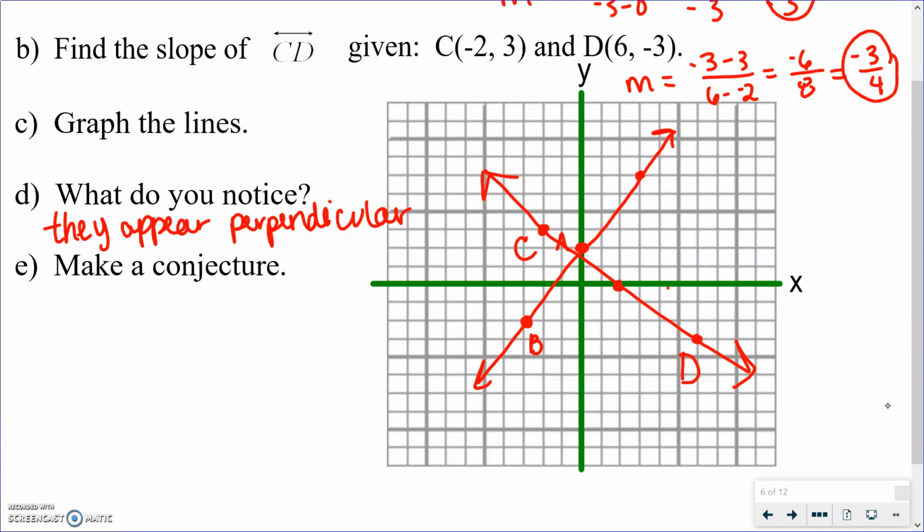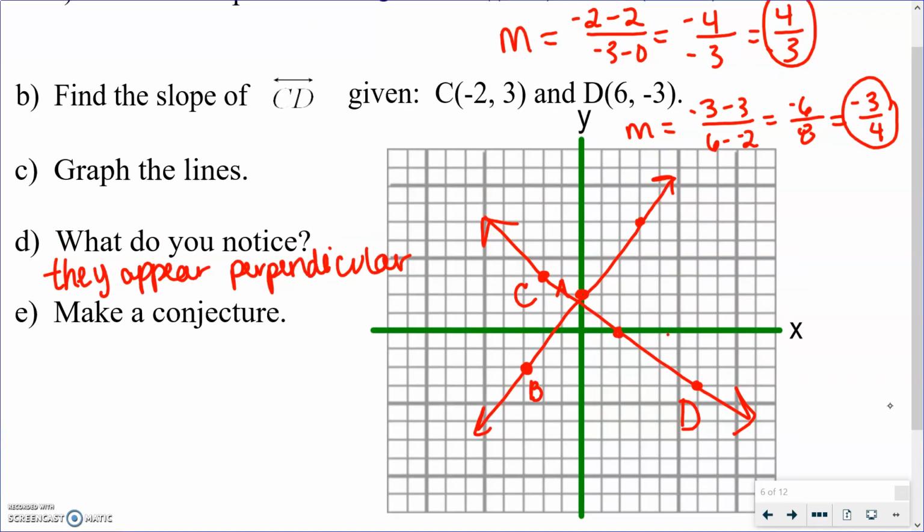So hopefully the conjecture you made has relation to these slopes up here, these two and their relationship to each other. And that is that they are opposite, which means one's positive and one's negative, reciprocal, which means they're flipped.